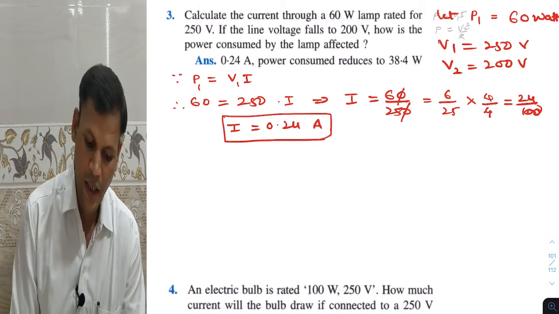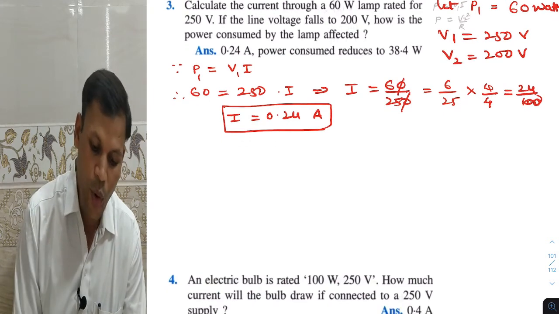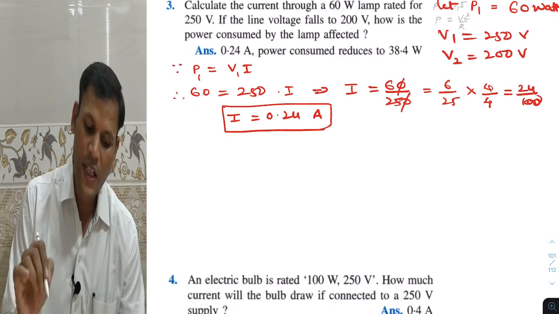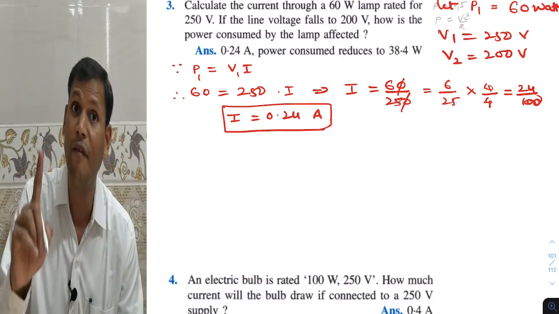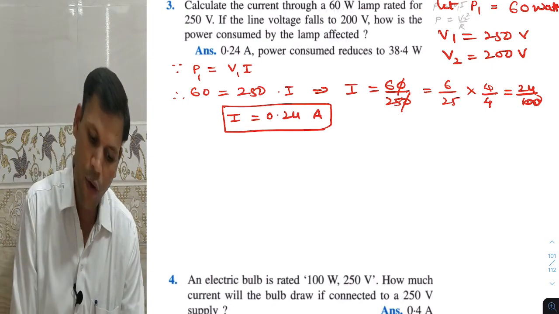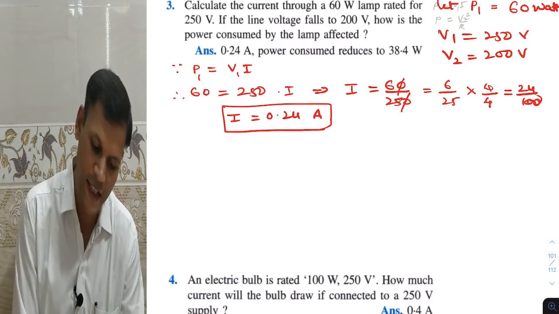Now its second part, we have to calculate how is the power consumed by the lamp affected if potential difference changes. तो हमने पढ़ा है कि power rating क्या है.